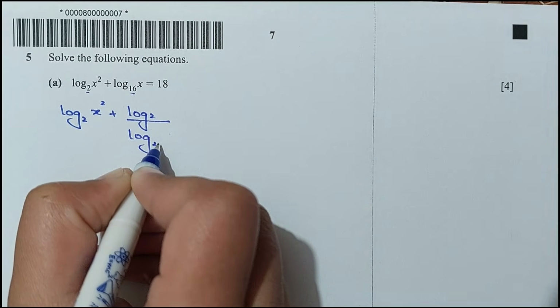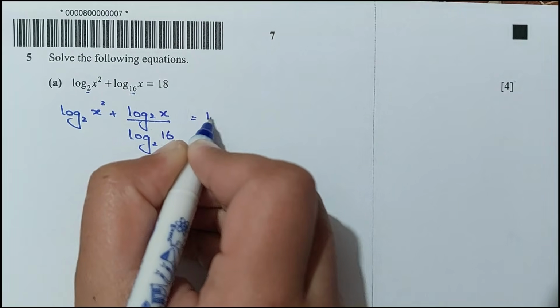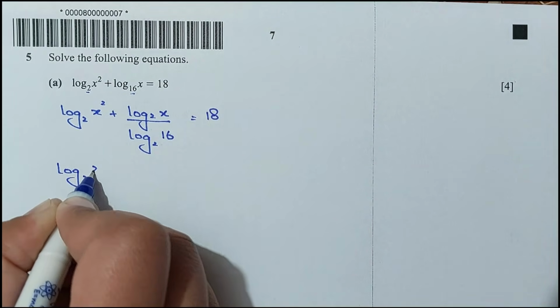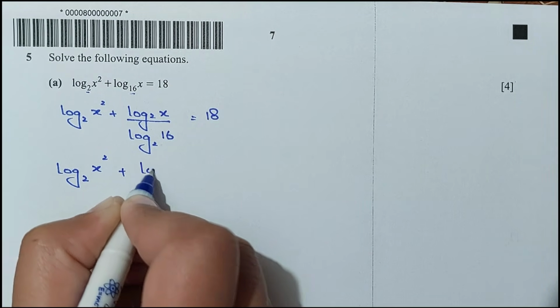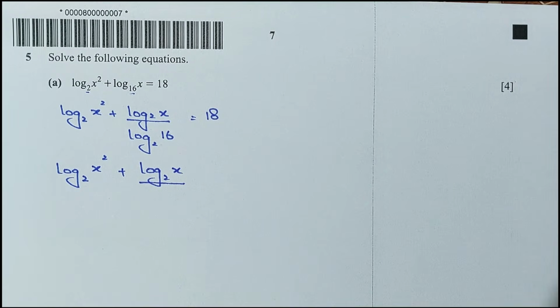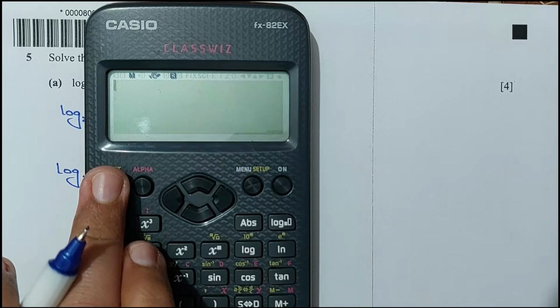So base is 2, we fixed. So x and 16, this is equal to 18. So now here log base 2 x square plus we have log base 2 x over, what is log base 2 of 16? Let me use a calculator.